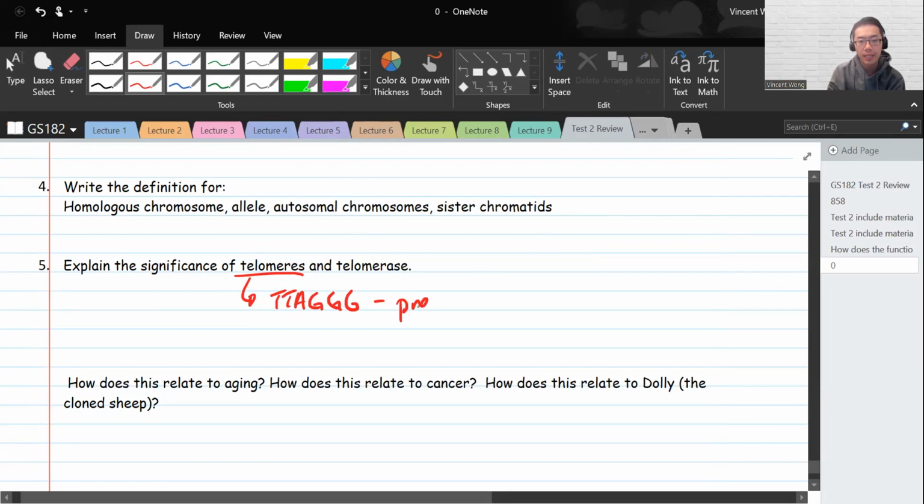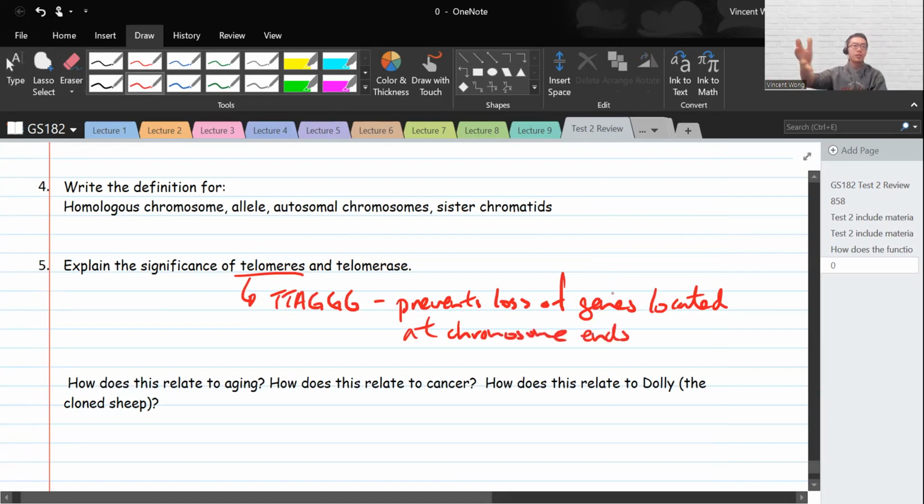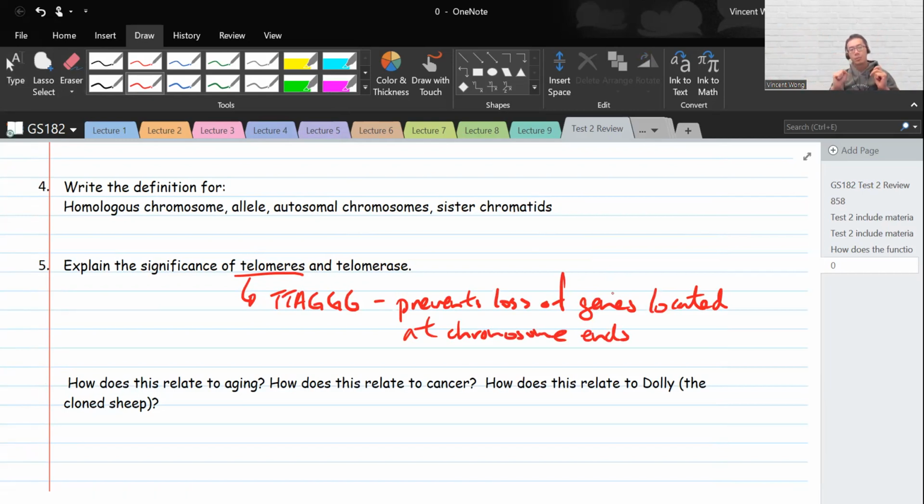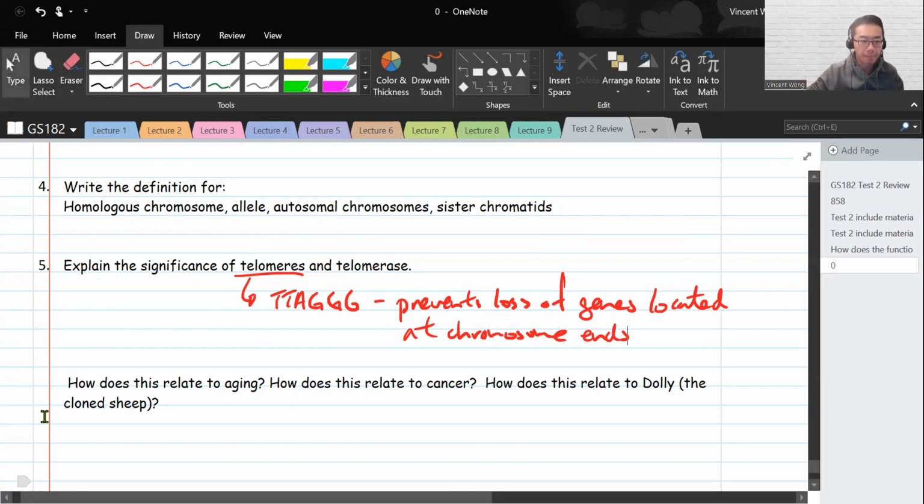And it prevents loss of genes located at chromosome ends. Every time you copy your DNA, the chromosome gets shorter and shorter. So by having the telomeres at the ends, instead of cutting into important genes located at the end of the chromosomes, you're just cutting away the telomeres a little bit at a time.